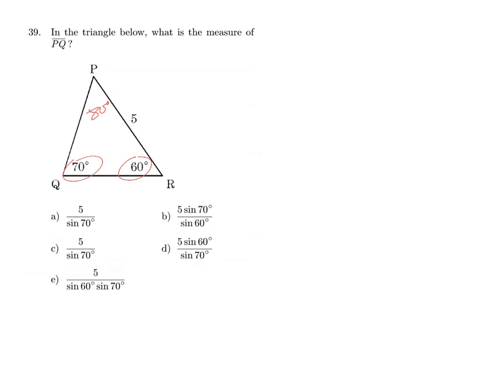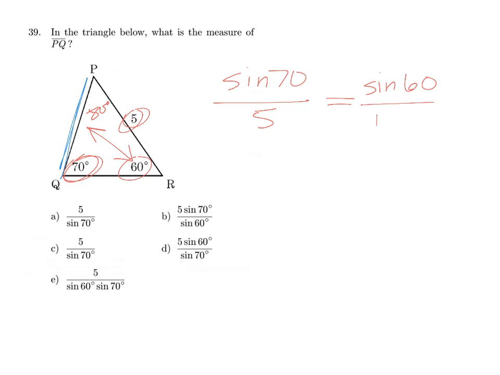I have this one side. They want me to figure out PQ. So I'm going to set up a ratio with these two here. I'm going to have sine of 70 over 5 is equal to, I'm trying to figure out PQ, so I'm using the 60-degree angle, sine of 60 over PQ.